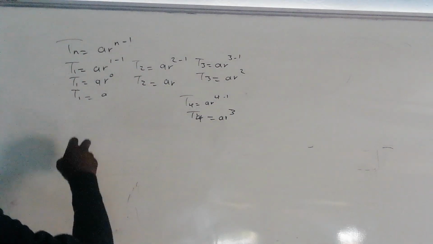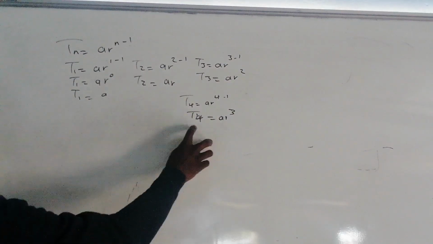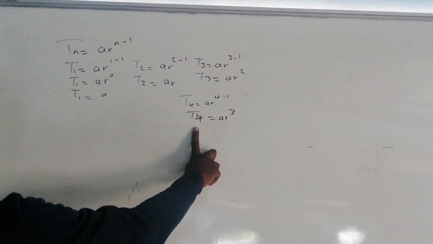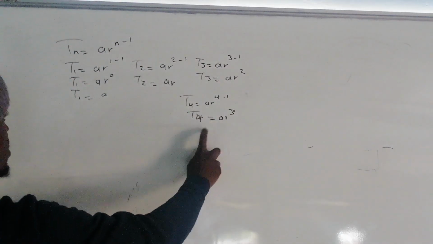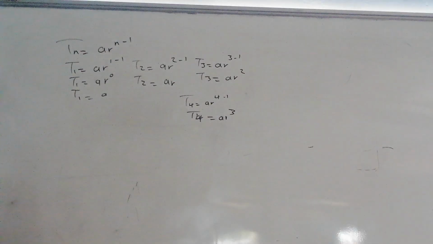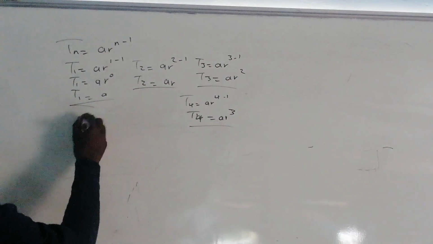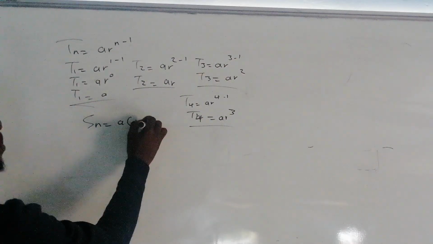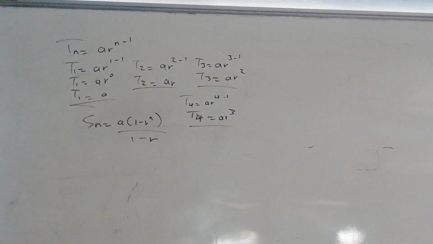The exception here is that we are having exponents. So if we were asked to find T7, it will be A R to the power 6, T20 is AR to the power 19. That's the only thing that differs. So we're going to use all of these as we prove this formula. Sn equals A(1 minus R to the power n) over (1 minus R).